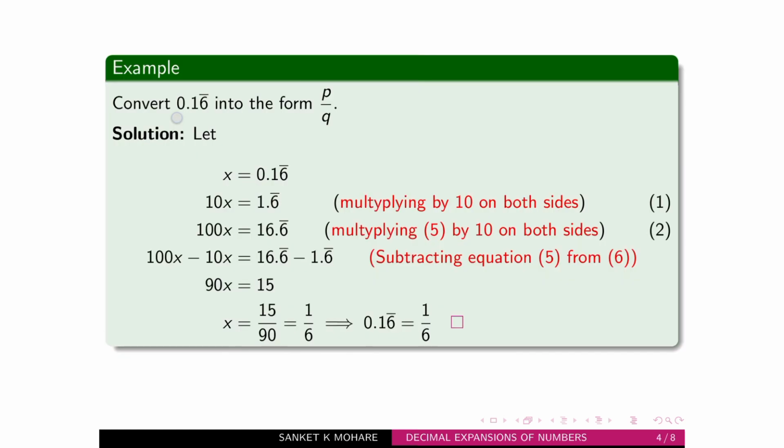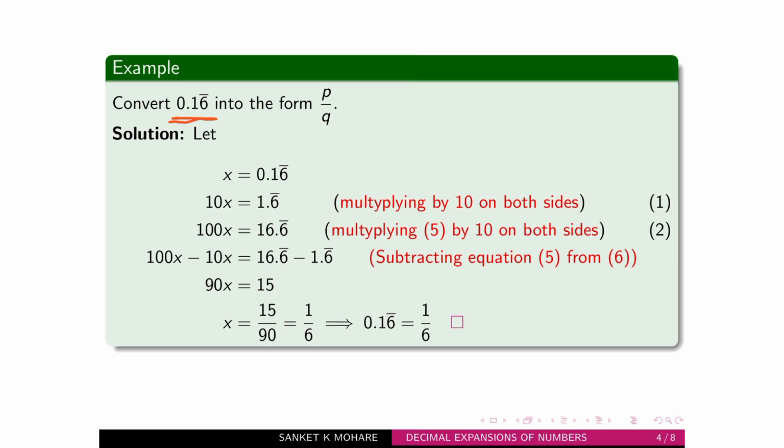So these are the 5 steps. Let's have an example. Convert 0.16 bar into the form of p by q. First we have to identify which decimal number this is, whether it is pure repeating or general repeating. This is a general repeating decimal because after the decimal point there is one non-repeating digit.